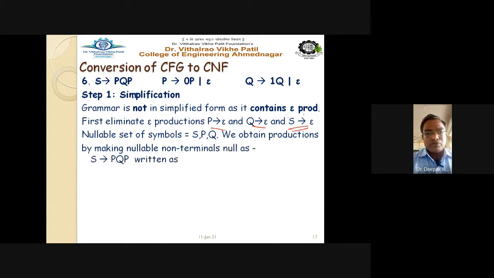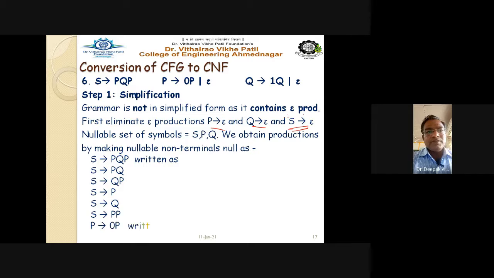So from the first rule, that is S gives PQP, it can be written by using the nullable non-terminal as null, that is PQ, by making the last P null. Then QP, by making the first P null. S gives P, the last two terms QP we are making null. S gives Q, two P's are becoming null here. And S gives PP, the middle Q we are making null, and we are obtaining the rule S gives PP.